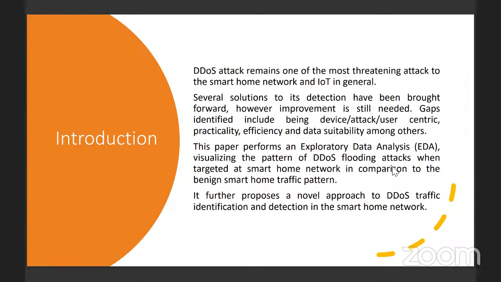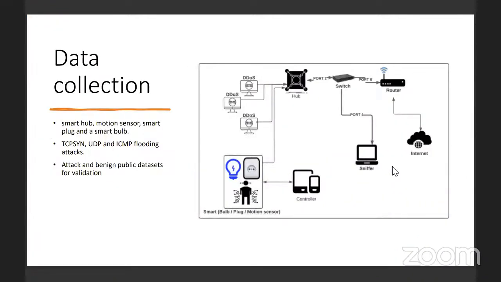So this paper is aimed at bridging these gaps by performing an EDA to visualize the normal and DDoS pattern and come up with a better approach to detect these attacks. Data was collected in a smart home environment consisting of a smart hub, motion sensor, smart plug, and a smart bulb. 3 types of DDoS flooding attacks were flooded to the target device, so it saturates the network.